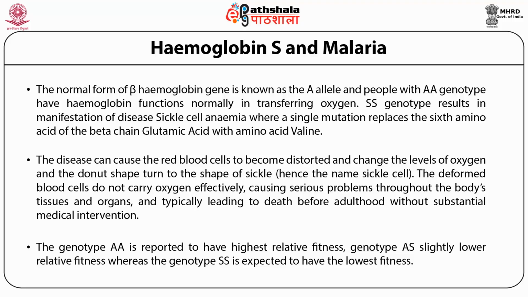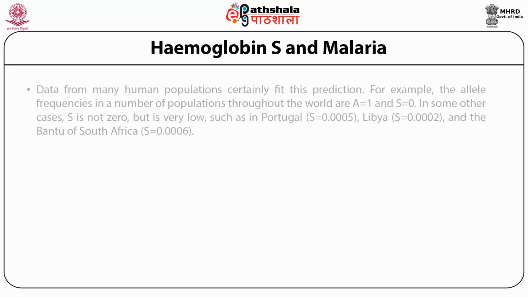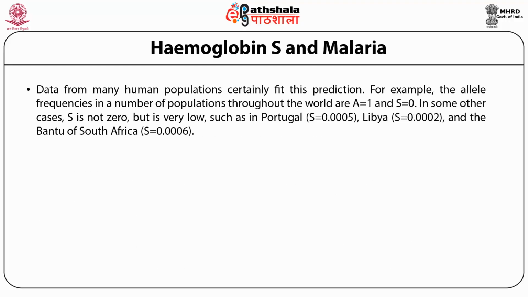The main focus is on the A and S alleles, because the S allele is harmful in the homozygous condition and selection against the allele is done. Allele S is mutant and has the lowest frequency. Data from many human populations certainly fit this prediction.